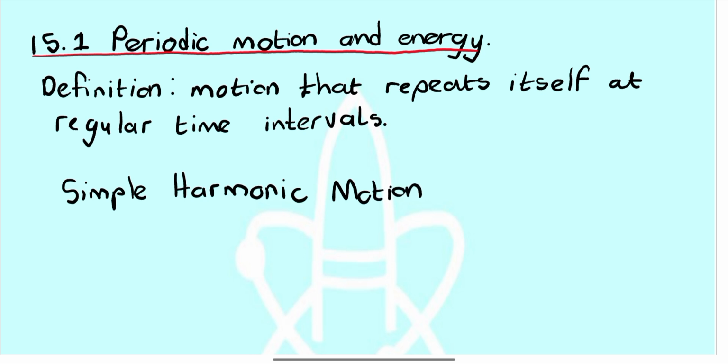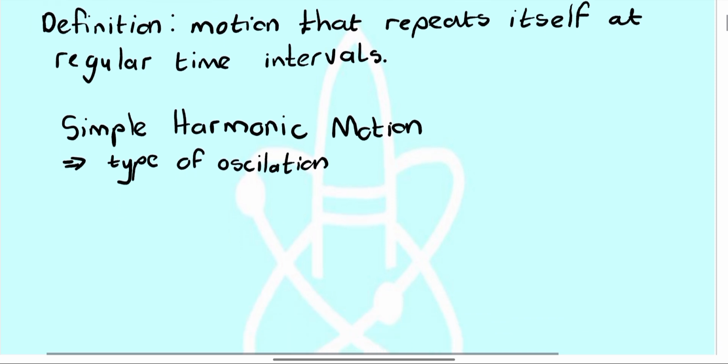Simple harmonic motion is a type of oscillation. We're going to dig deeper into this topic in the coming subtopics. So what is really a simple harmonic motion?